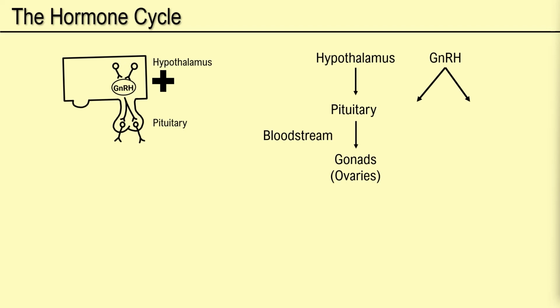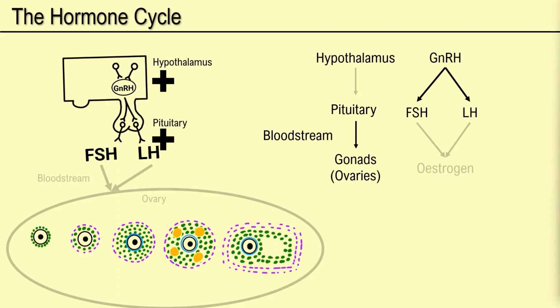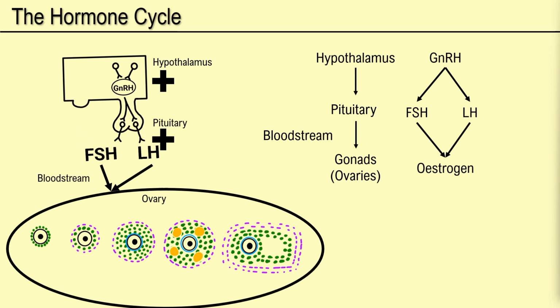Specifically, they are going to secrete FSH and LH, or follicle stimulating hormone and luteinizing hormone. These gonadotropins then enter the bloodstream and make their journey to the target organ, the ovary. Once in the ovary, they are going to start acting to develop the female gametes into something that can be fertilized, called a secondary oocyte.